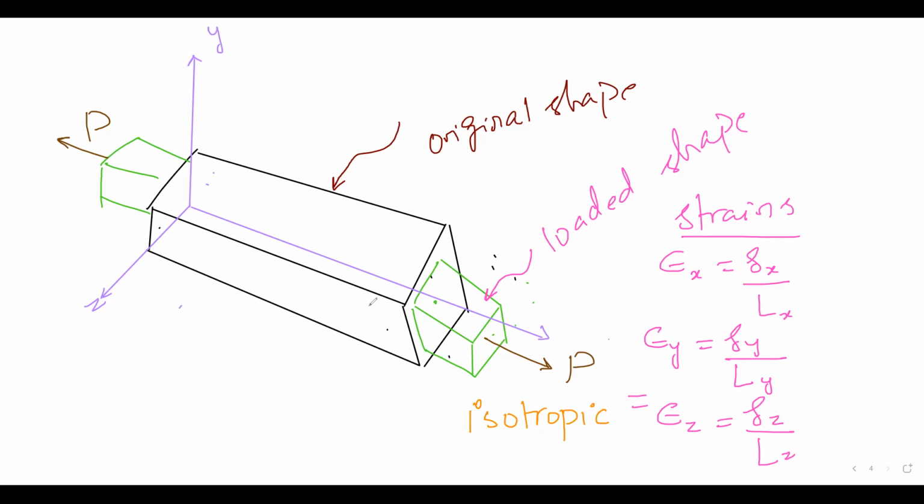So if this was a steel rod and I am trying to pull it, epsilon y and epsilon z will be equal because this structure is isotropic. Now, what happens is that we have something known as Poisson's ratio, which is our today's topic. Poisson's ratio with a double S, by the way.